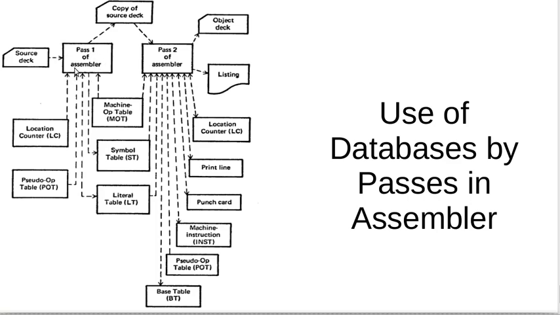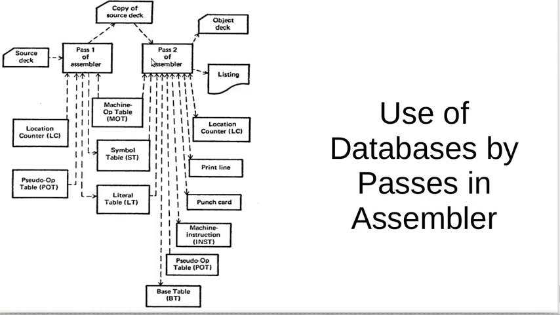This pass 1 of the assembler uses some data structures such as the location counter, the pseudo op table, machine op table, symbol table and literal table, right? Using these data structures, pass 1 of the assembler makes an intermediate copy of the source program. This is sent to pass 2 of the assembler, right?